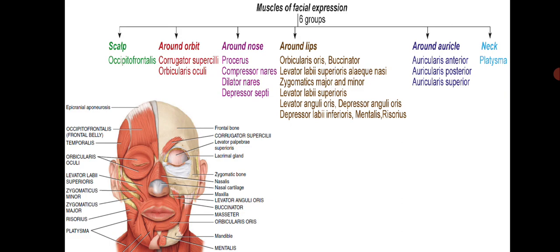Around the lips, orbicularis oris, buccinator, levator labii superioris alaeque nasi, zygomaticus major and minor, levator labii superioris, levator anguli oris, depressor anguli oris, depressor labii inferioris, mentalis, and risorius. Around the auricle, we have auricularis anterior, posterior, and superior, and the neck muscle we call platysma.